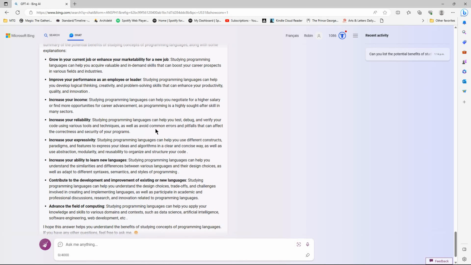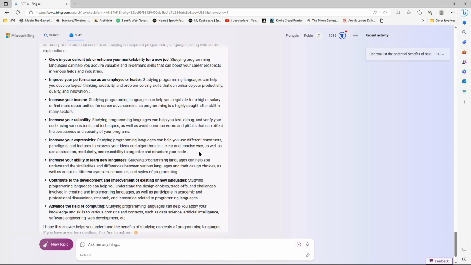But these are incredibly general. Like, you could argue this could be an answer if anybody says, what are the benefits of increasing your knowledge in your particular domain? Well, yep, it will help me grow in my current job. It will improve my performance, increase my income, increase my reliability, increase your expressivity.